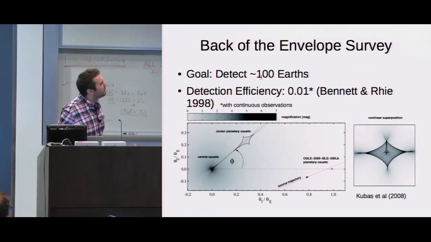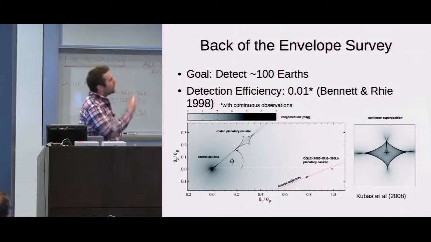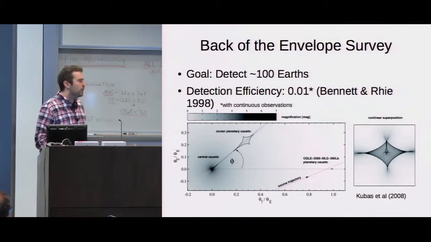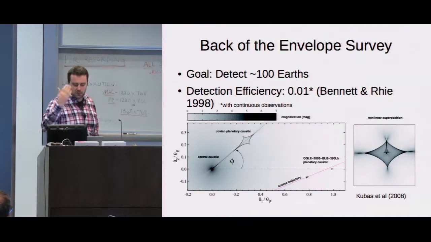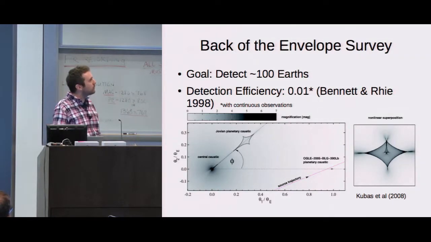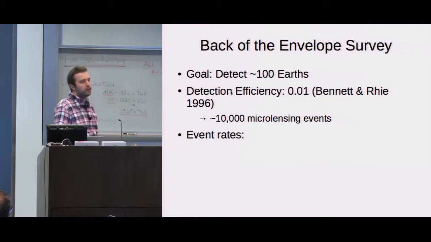I think I've got the year wrong there; it should probably be 1996. The number they came up with, if you observe continuously at high enough cadence, is about 1%. So if you want to detect 100 Earths, you're going to need to observe 10,000 microlensing events.